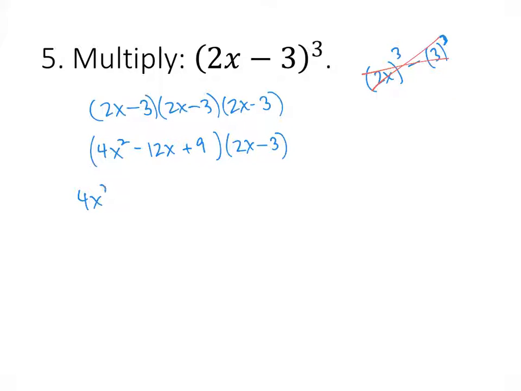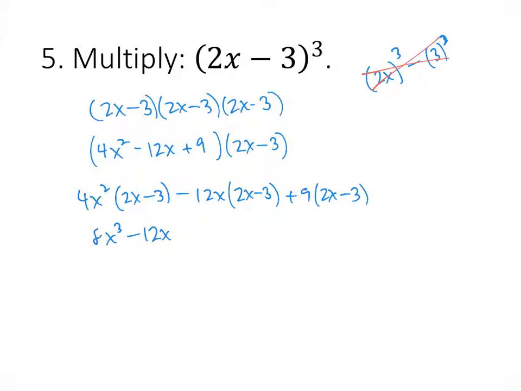So we have 4x squared times 2x minus 3 minus 12x times 2x minus 3 plus 9 times 2x minus 3. Do all that distributing, we get 8x cubed minus 12x squared, minus 24x, sorry, plus 36, minus 12 times minus 3 is plus 36, plus 18x minus 27.